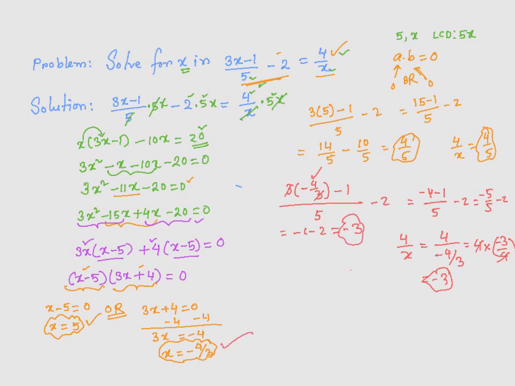So even for this one, the equation is satisfied. So for both x equal to 5 and x equal to negative 4/3, the equation is satisfied. So the solutions are x is equal to 5 and x is equal to negative 4/3. That's your solution to this given equation. I hope that this discussion was helpful. Thank you very much.